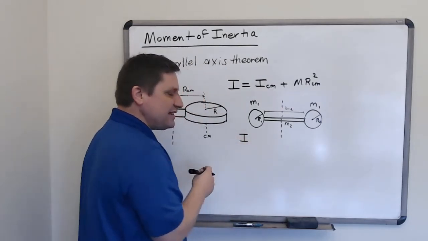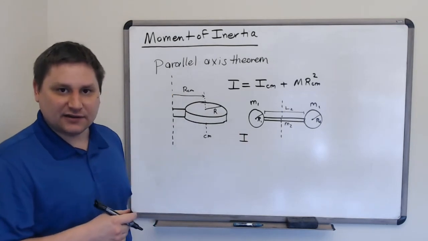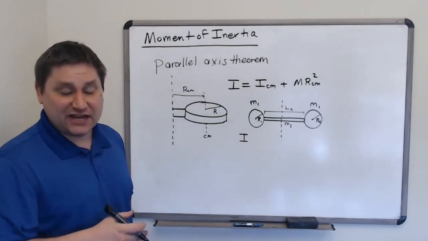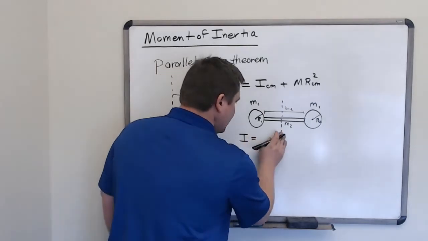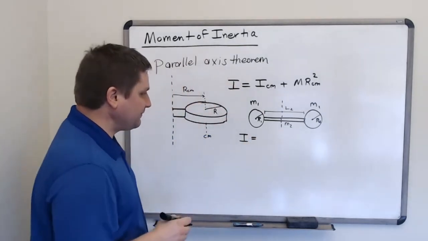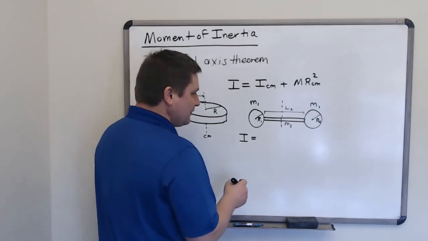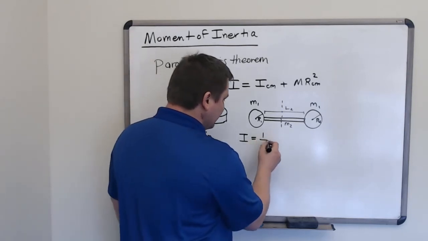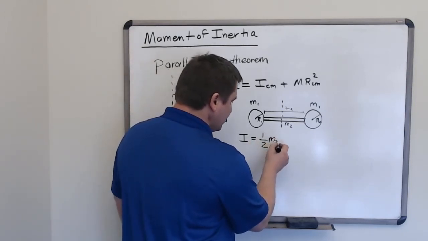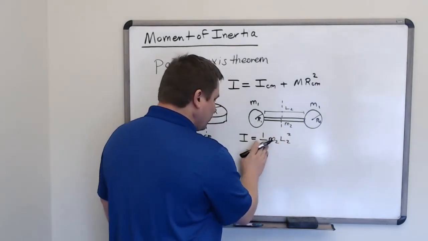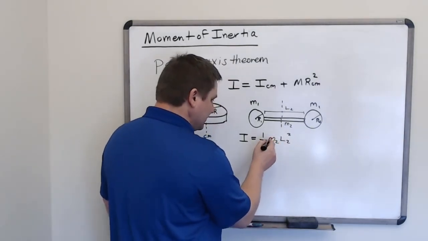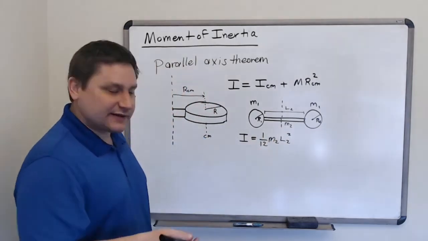We have three pieces to this object, so we can find the moment of inertia of each one and add them all together. Let's do it for the rod first. From the rod, we have a contribution that's exactly equal to 1/12 m2 L2 squared. We did this calculation for the rod.